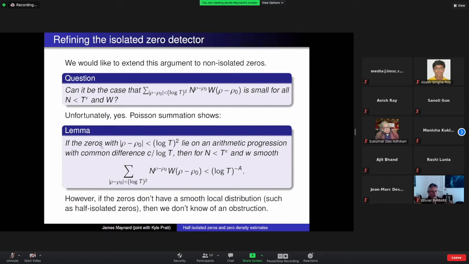So if the zeros nearby to rho 0 lie on a vertical arithmetic progression with common difference some constant divided by log t when we're working at height t, then for every choice of small n and every choice of smooth function w, this sum is actually tiny.